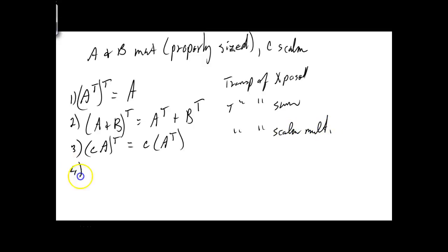And then 4, goodness gracious, the one that we showed in our discovery, (AB) transpose is going to be, yes, remember with multiplication, the rules don't follow as nicely. B transpose, A transpose. But there are rules, okay?